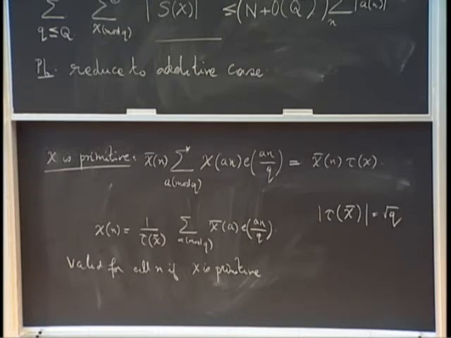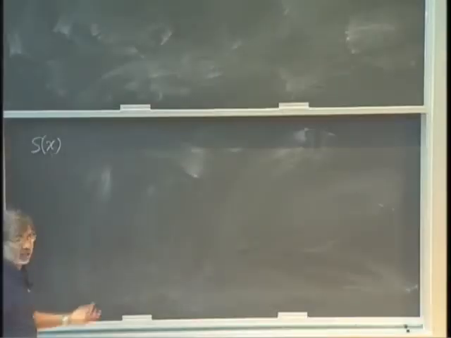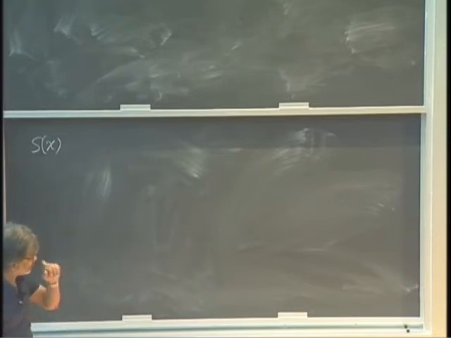Okay, so this relation allows me to pass from my sum over characters S chi to the corresponding sum over exponential functions, the exponential sums.